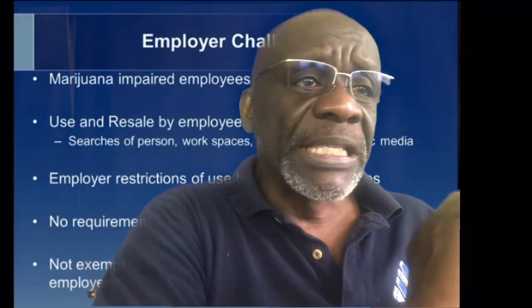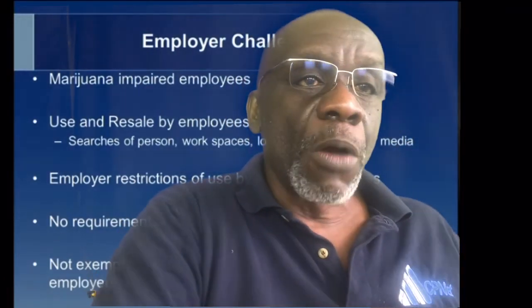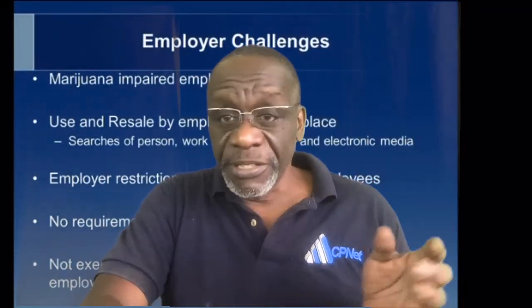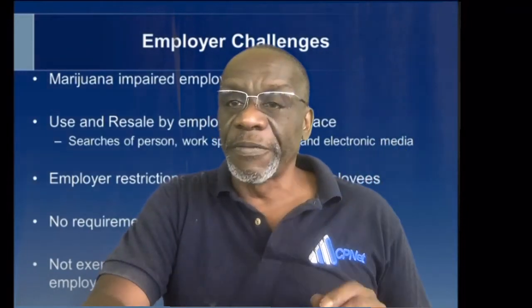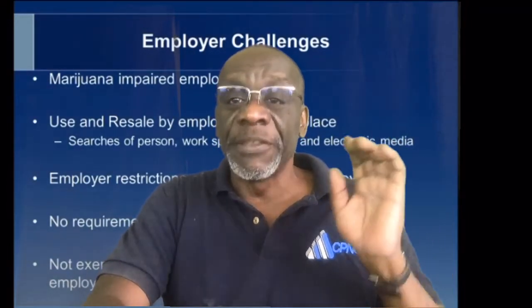All right. Now let's deal with the aspect of employees who are using marijuana off the organization's time and property. They're coming to work with traceable levels of THC and metabolites of it in their system.